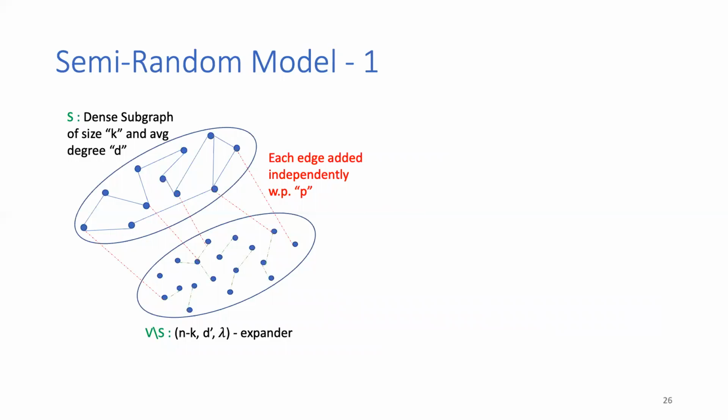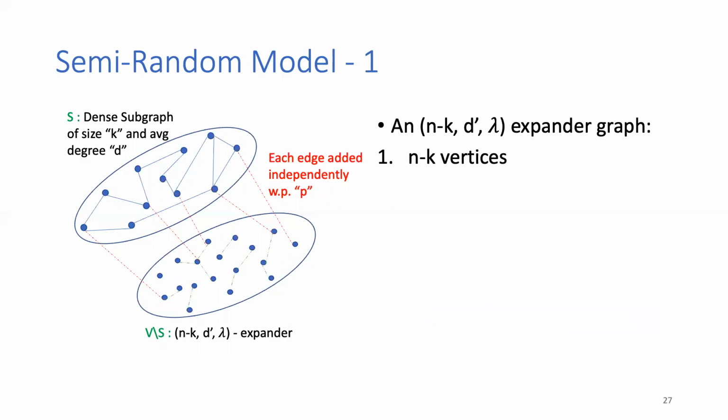Recall that this is an intermediate model because V minus S is some special graph. It's not arbitrary, it's not random, but it's some special graph. An (n minus k, d prime, lambda) expander is one which is supported on n minus k vertices.